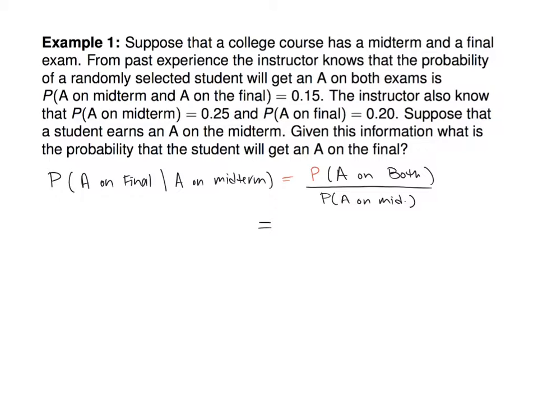And I think you were told all those numbers. What's the chances of A on both? 0.15. And on the midterm? That's the same thing as 15 over 25, isn't it? Which reduces to 3/5 or 0.6.